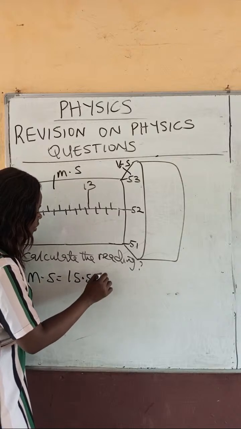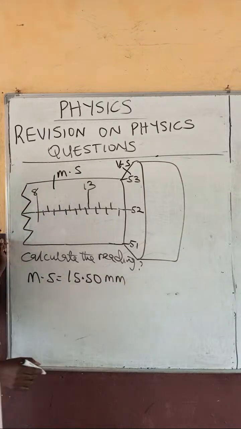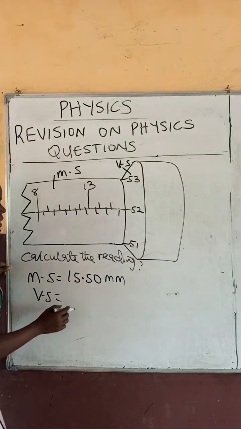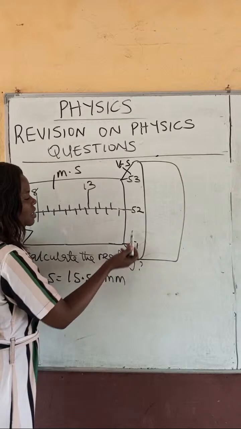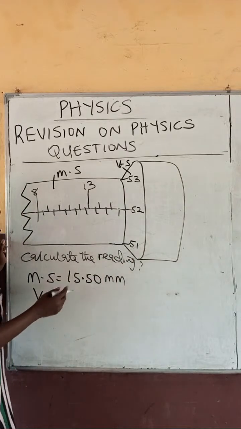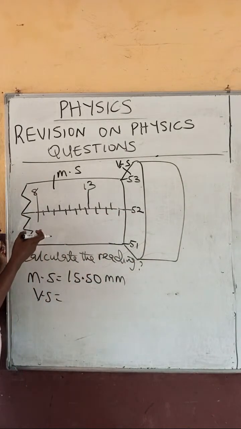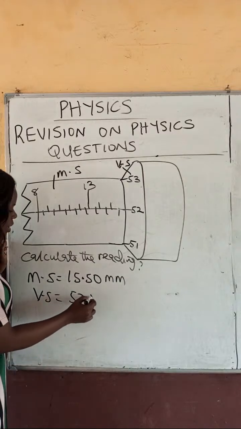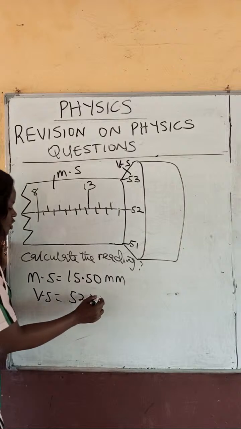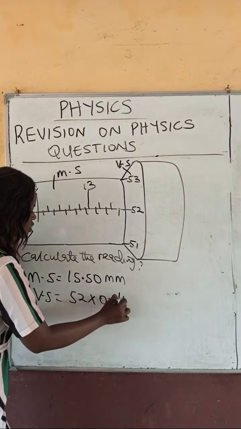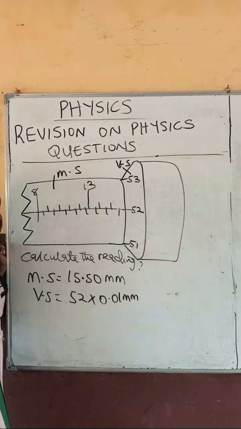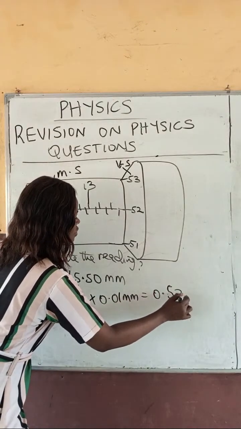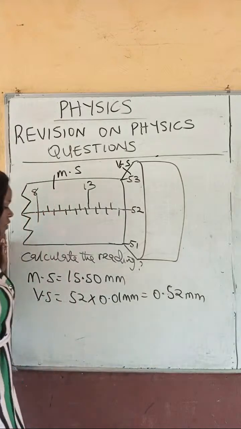I will now put 0 millimeters, right? Now let me go to my Vernier scale. My Vernier scale, this is 51, this is 52. And this is the line that connects the main scale. I'm going to say that this is 52, right? Multiply by the reading accuracy, which is 0.01 millimeters, right? It's going to give me 0.52 millimeters. Okay?